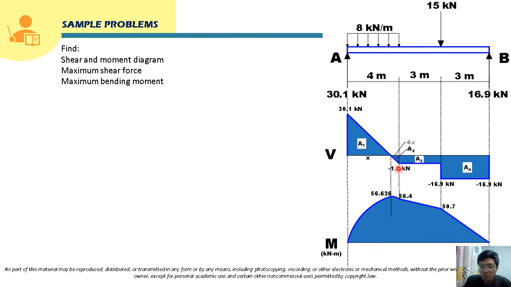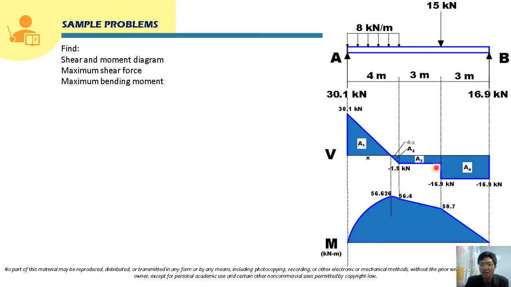For x equal to 4, at this point, the computed moment is 56.4. So it will go down a little bit from 56.626, so it will be plotted lower, somewhere here.